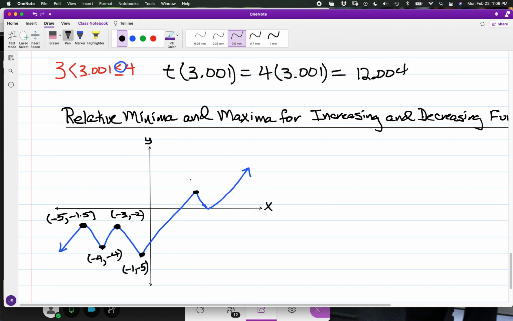And out to the right, we have 4, 2, and 5, 0.